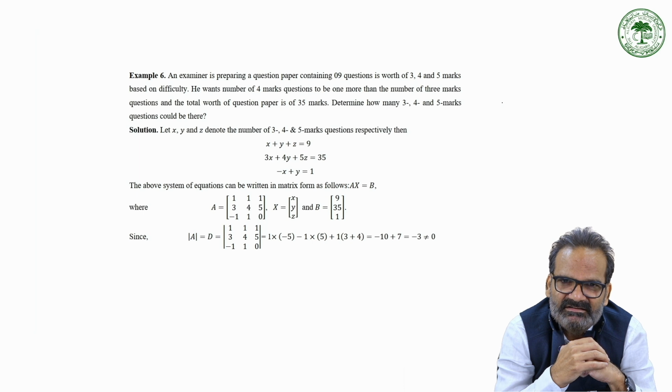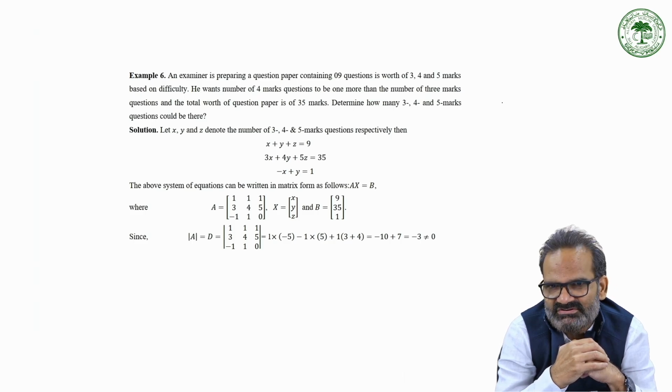An examiner is preparing a question paper containing 9 questions, worth 3, 4 and 5 marks based on difficulty, right? He wants the number of 4 marks questions to be 1 more than the number of 3 marks questions, and the total worth of the question paper is 35 marks. Determine how many 3, 4 and 5 marks questions could be there.